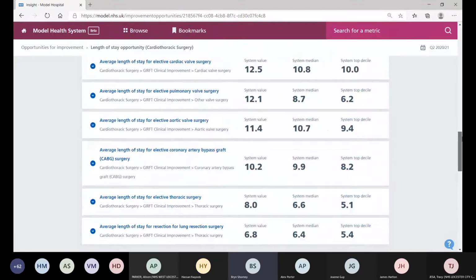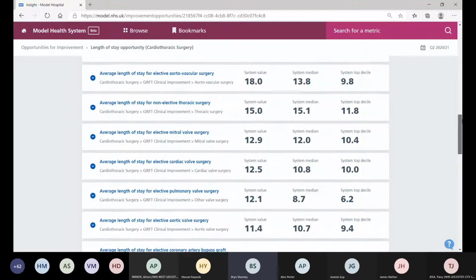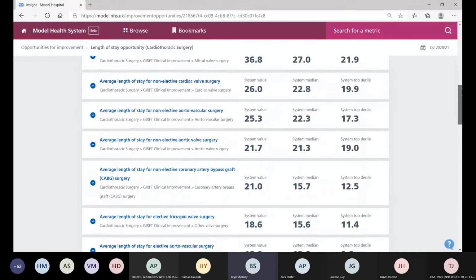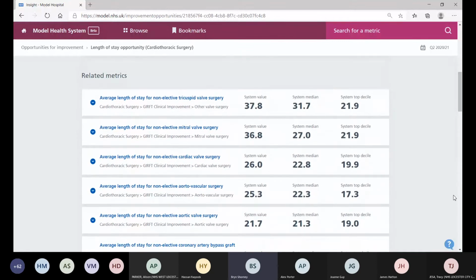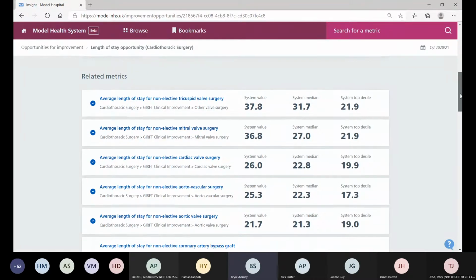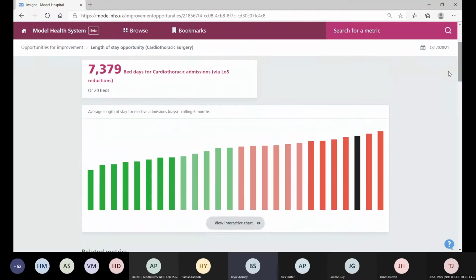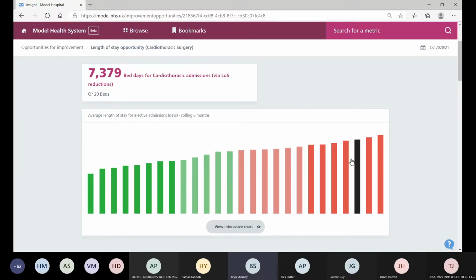In this table, you can see a breakdown for all those different procedure groups, with the system value, the system median and the system top decile. The chart shows the average length of stay and this opportunity being calculated by moving towards that top decile.